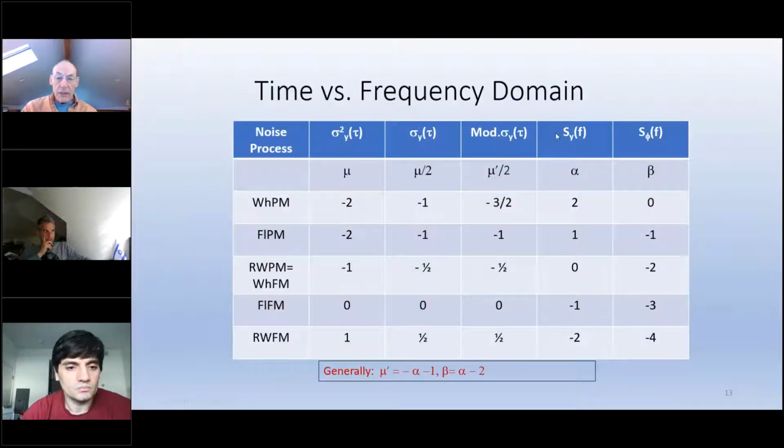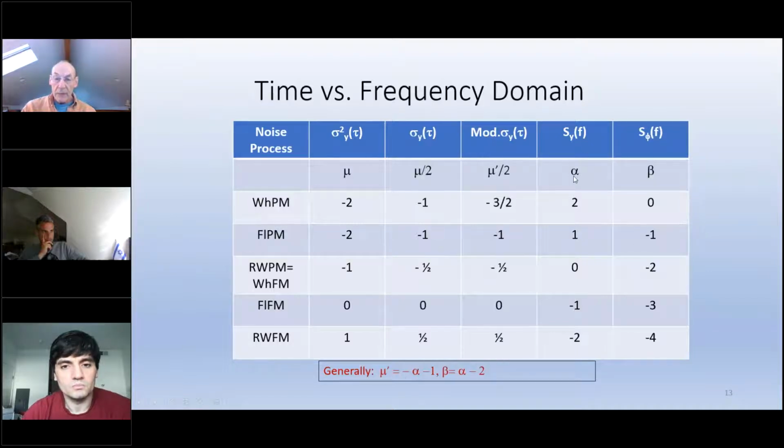And so the relationship between the spectrum, this is S, the spectrum in terms of frequency data, or the spectrum in terms of phase data, they simply are the integrals of each other, and that changes the value by 2 between them. And there's a direct relationship between the modified Allan deviation and the spectrum of frequency or phase.